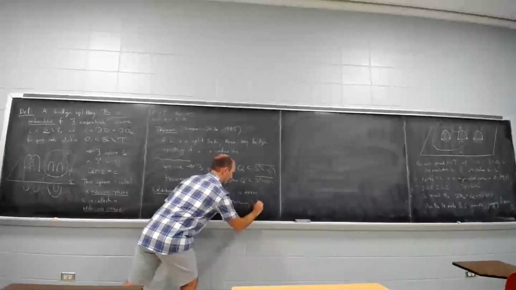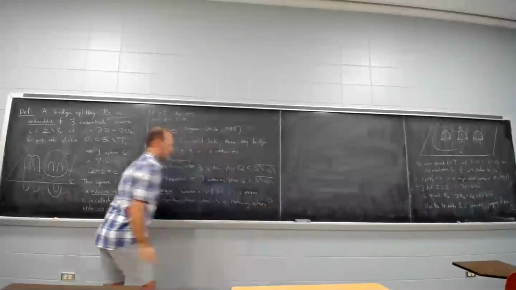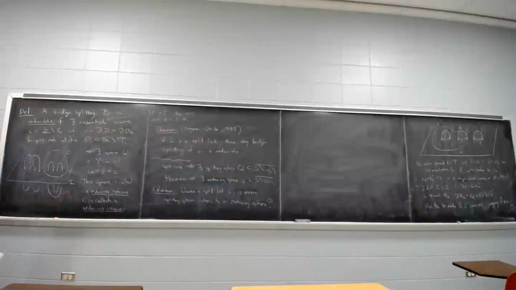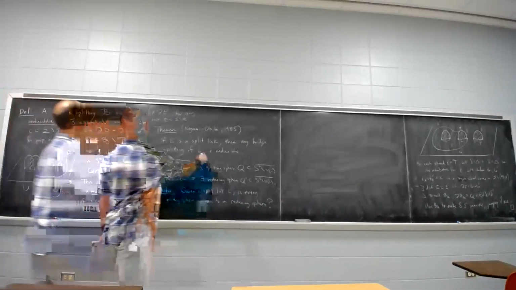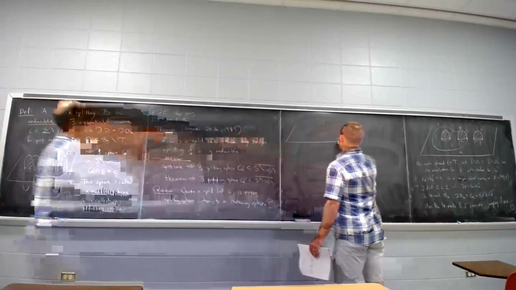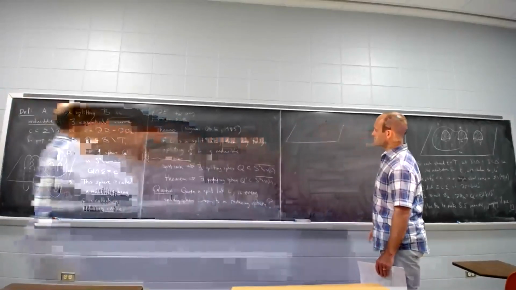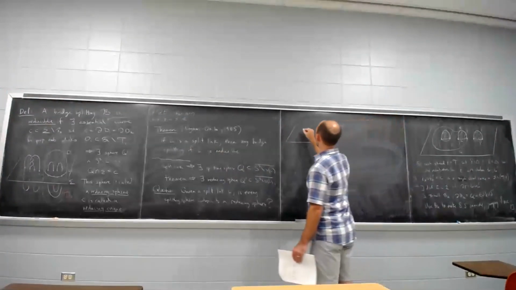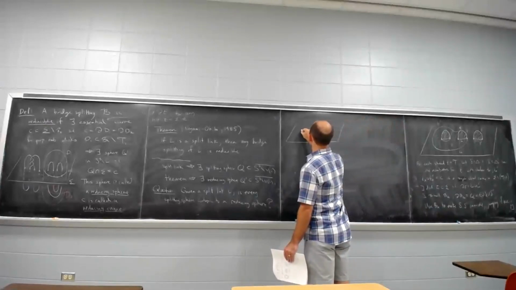In other words, can any splitting sphere be isotoped to intersect the surface in a single curve? So the methods of this proof, maybe I'll just tell you a little bit, kind of the extent to which I investigated this. So let's suppose our split link looks something like this.